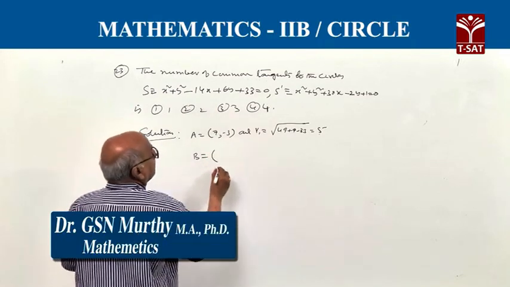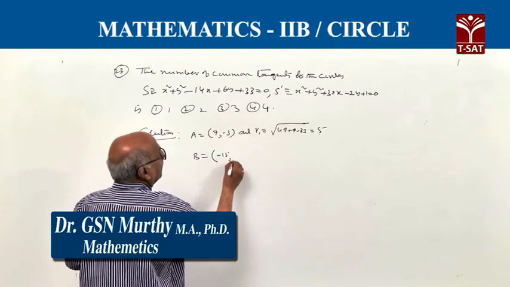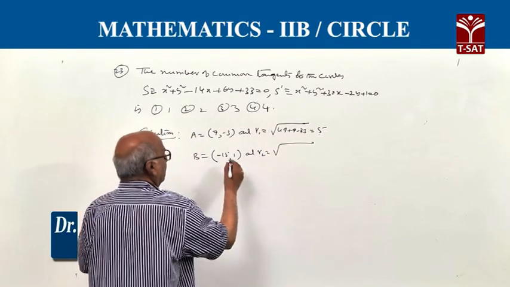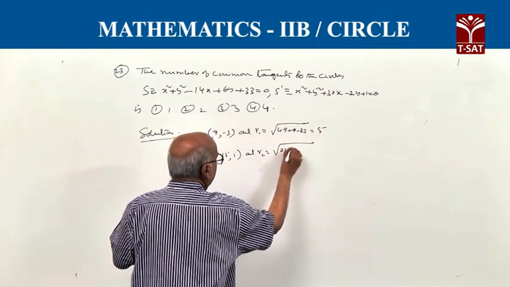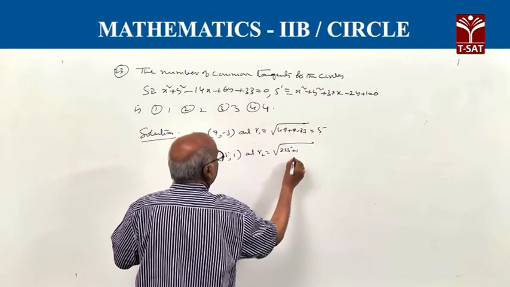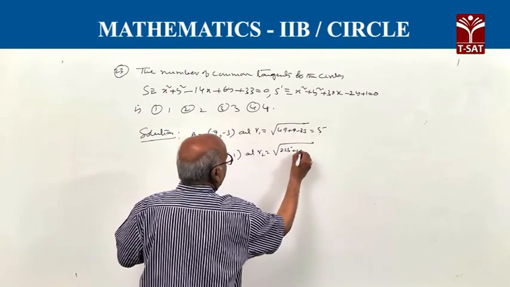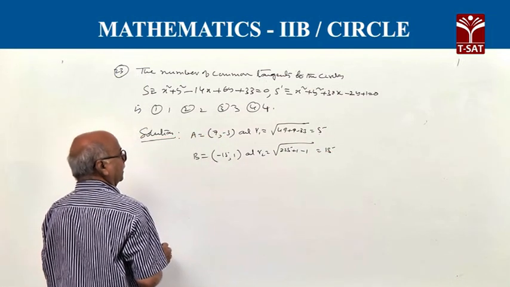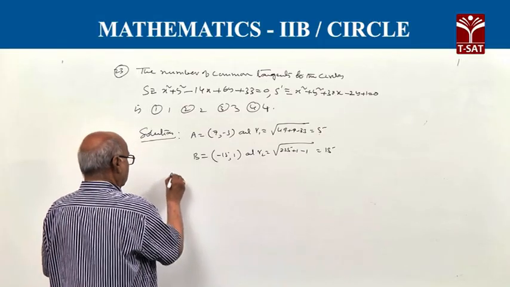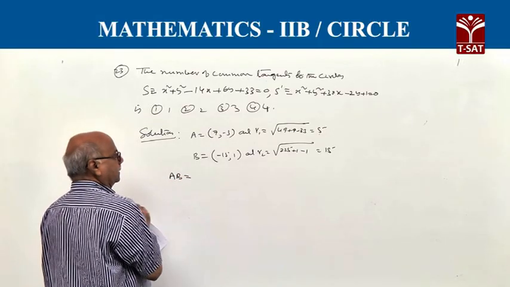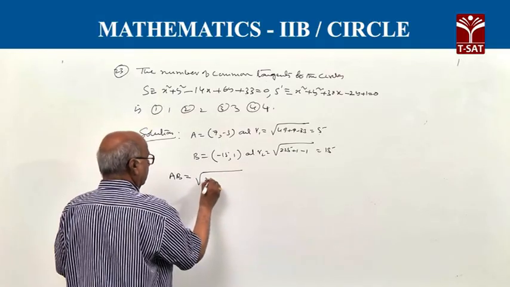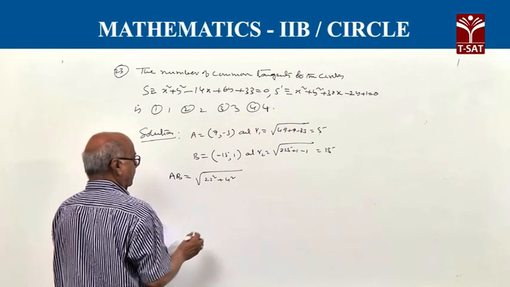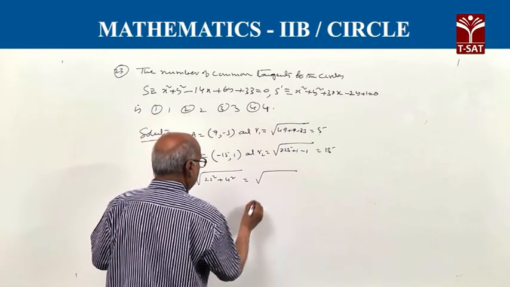B is (minus 15, 1), and R2 is equal to the square root of 225 plus 1 minus 1, which is equal to 15 itself.